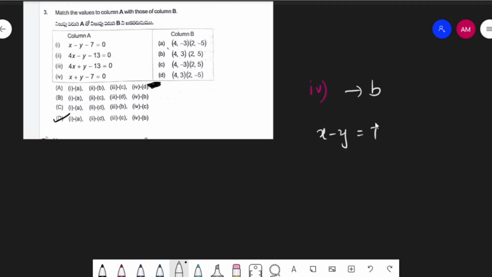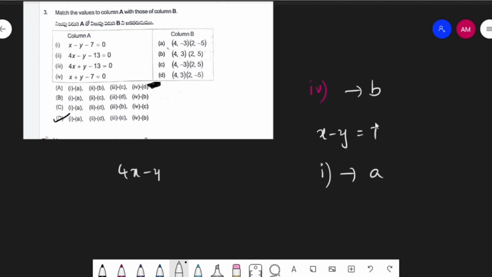Yeah, here we have. 4 minus 3, 7. Let us check the second one. 2 minus 5, 7? So, the option is A. So, the first one will be mapped to A. So, how many options are we having? 2 options. What are they? B and D.